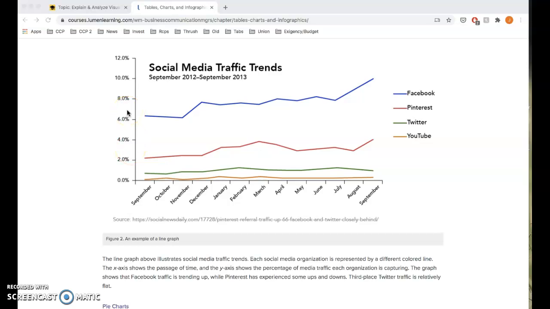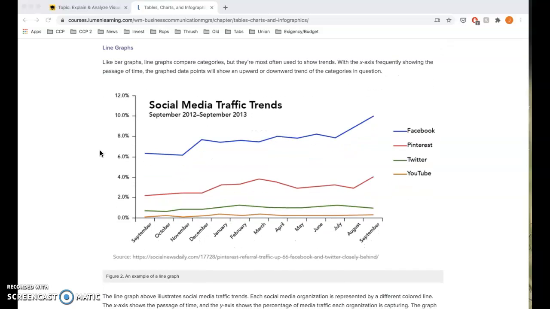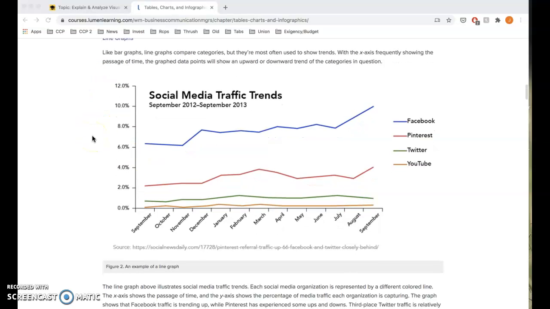So in this case you've got a line graph that may not be as clear as it could be, because I'm a little suspicious. If I'm analyzing this, I would think Facebook, Pinterest, Twitter, and YouTube would add up to more than 10, 4, and less than 1% of the total traffic. So I'm guessing that this might be a monthly increase in traffic or something like that, but it's not labeled.